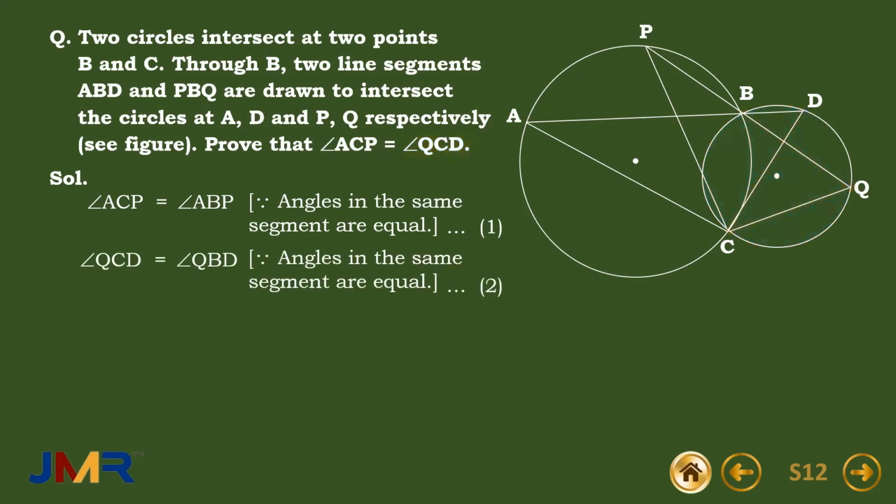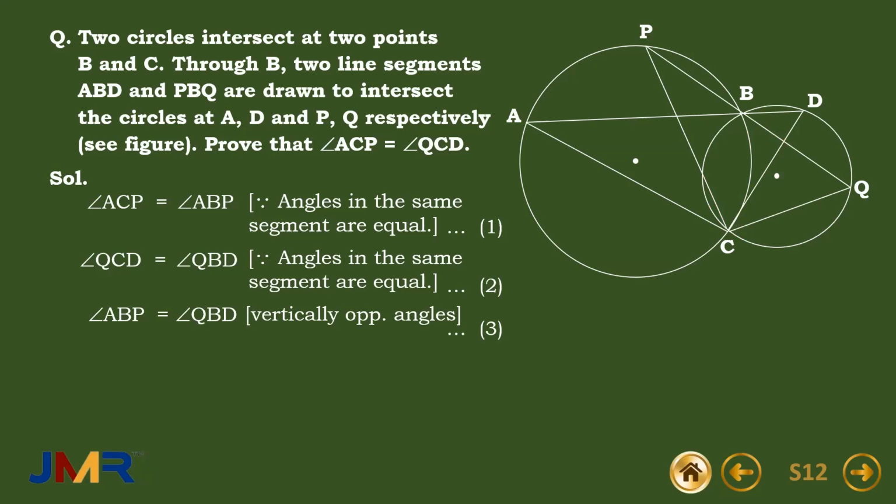Angles in the same segment are equal. Now, if we have observed carefully, the line AD and the line PQ are intersecting at B. Therefore, two vertically opposite angles have been formed. Those two vertically opposite angles are angle ABP and angle QBD. As these two vertically opposite angles are equal, name it as equation 3.